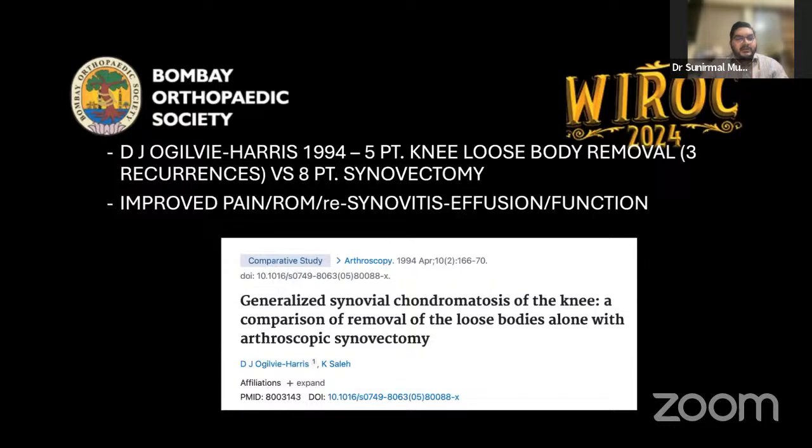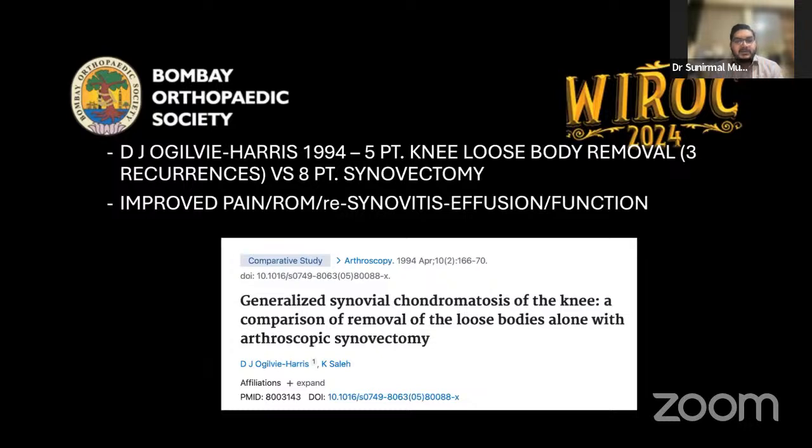A couple of articles: one of the very initial articles was by Dr. DJ Ogilvy, a reputed sports surgeon in Toronto. He compared two groups of patients. In 5 patients, he only did a plain loose body removal without synovectomy, and in 8 patients, loose body removal with synovectomy was done.